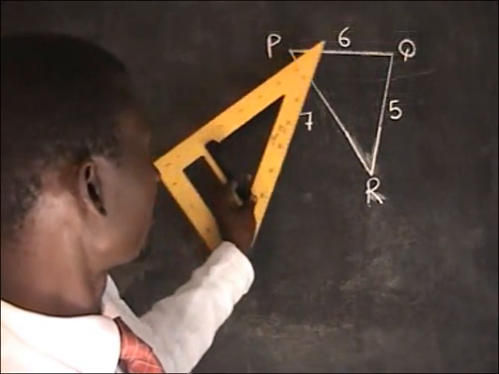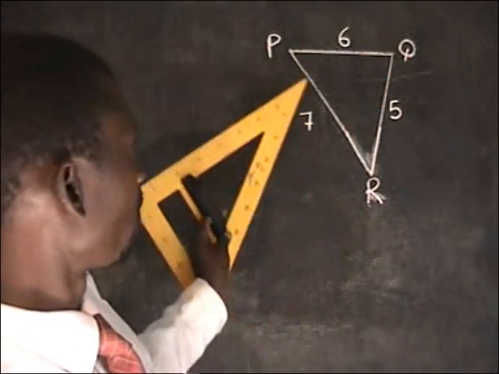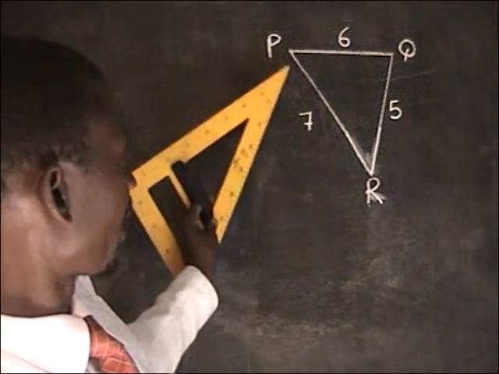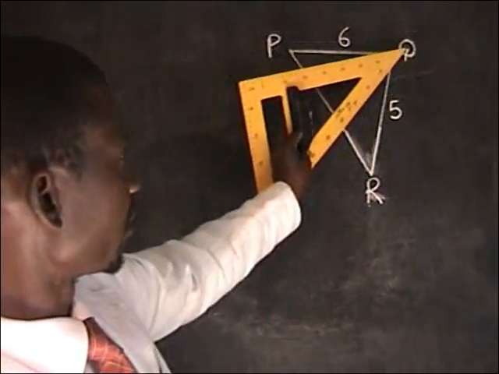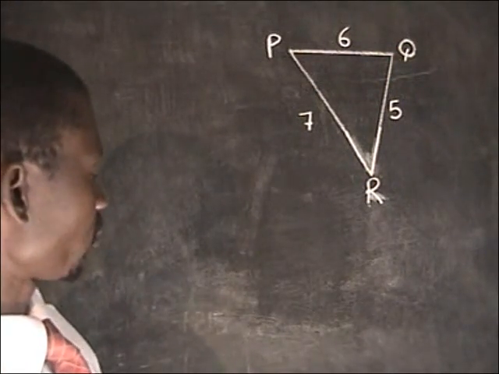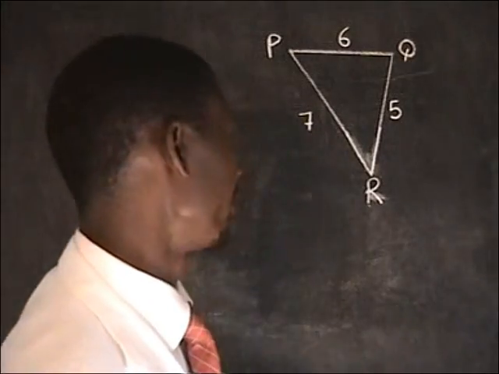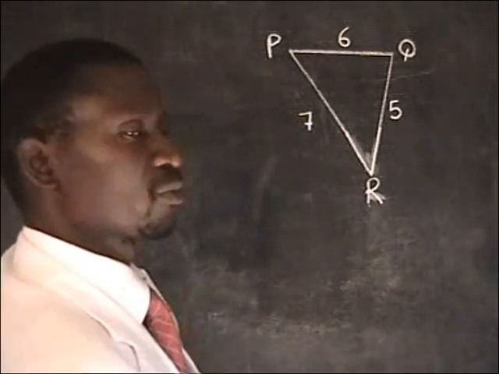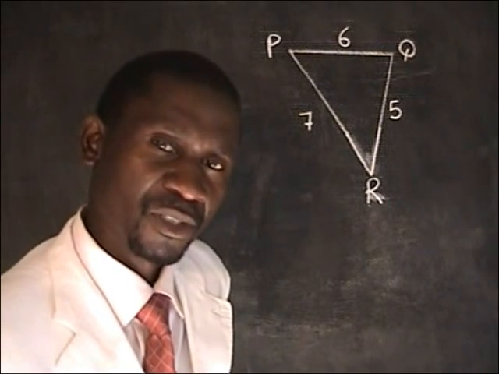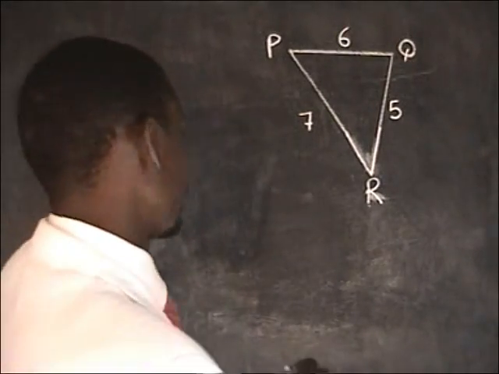That is P, Q, and R, of which PQ is equal to 6, PR is equal to 7, and QR is equal to 5. Let's assume that all these are in meters. Now that way, if all the 3 sides of a triangle are given, then you are going to be asked to find one of the 3 angles.